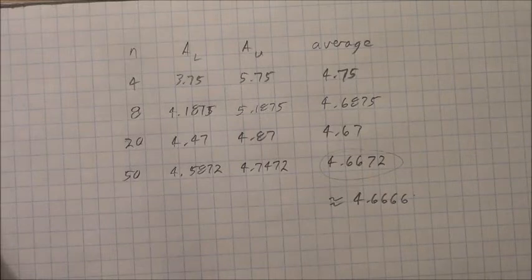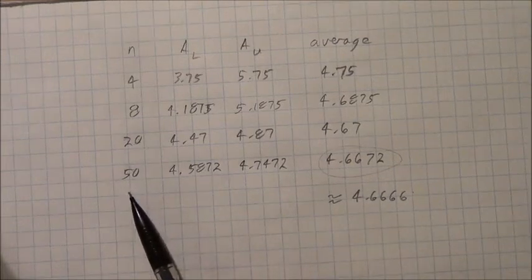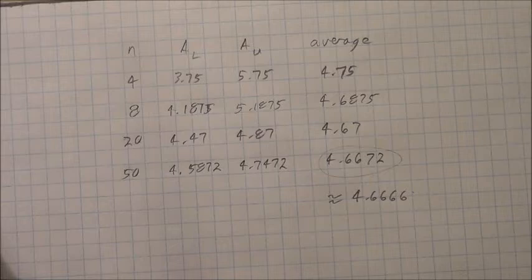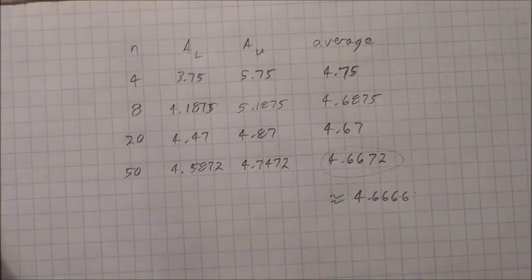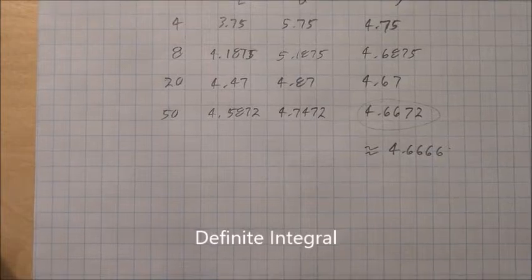And that could be verified if we were to use an even higher number of subintervals, rectangular strips, to find the area under the curve. So that's how we would go about finding the area under a curve of a function that we know the equation for. So this brings us to the definition of the definite integral.